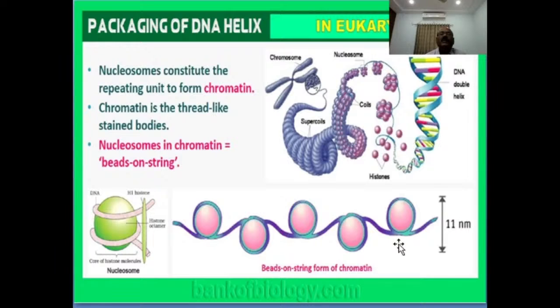Nucleosomes constitute the repeating unit to form chromatin. It is a twisted structure.